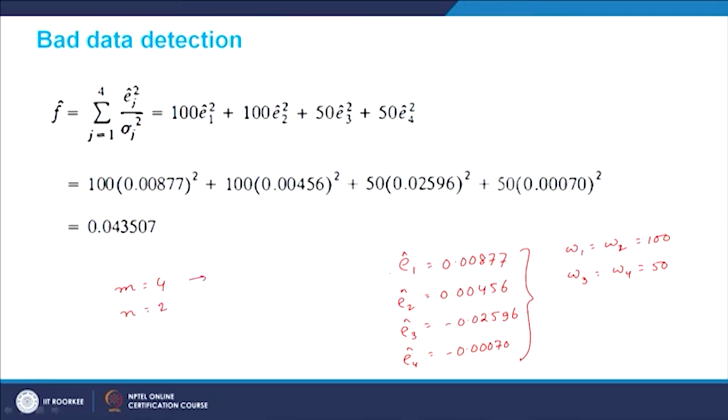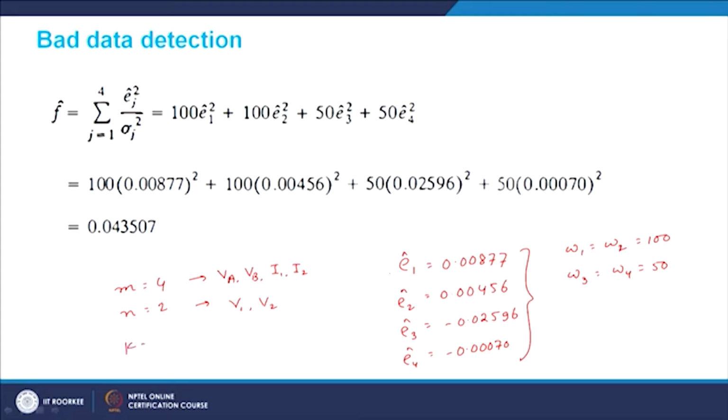So, the measurements were VA, VB and I1 and I2, and the states were V1 and V2. So, the total number of measurements was 4 and the number of states is 2.